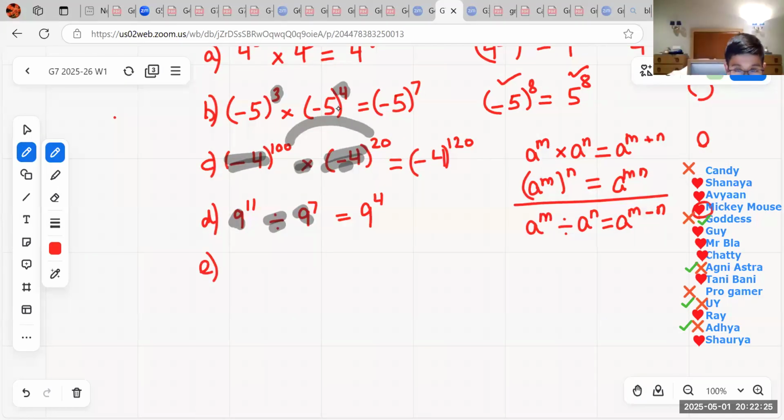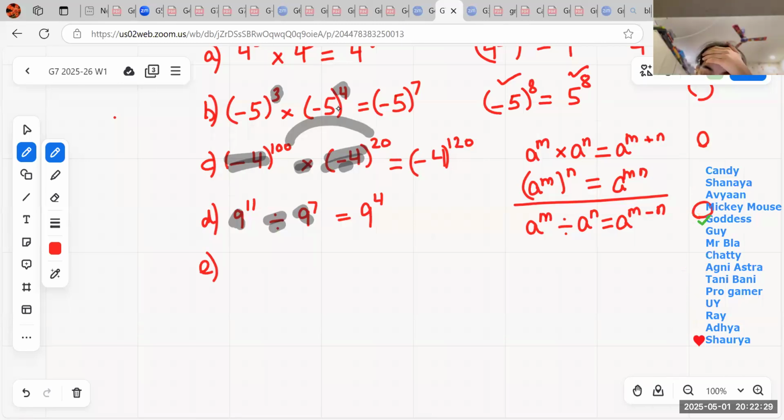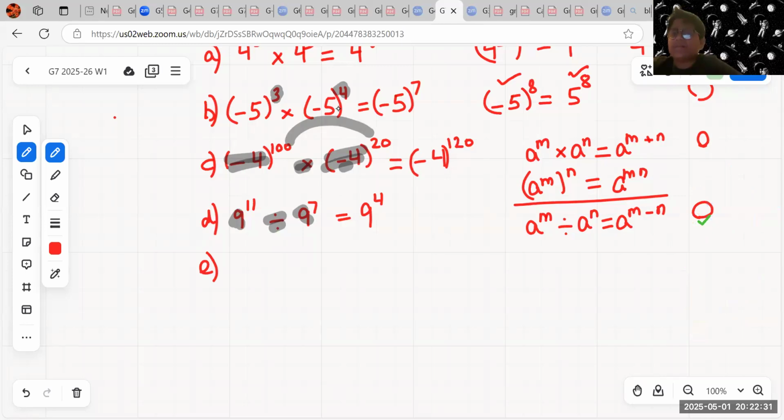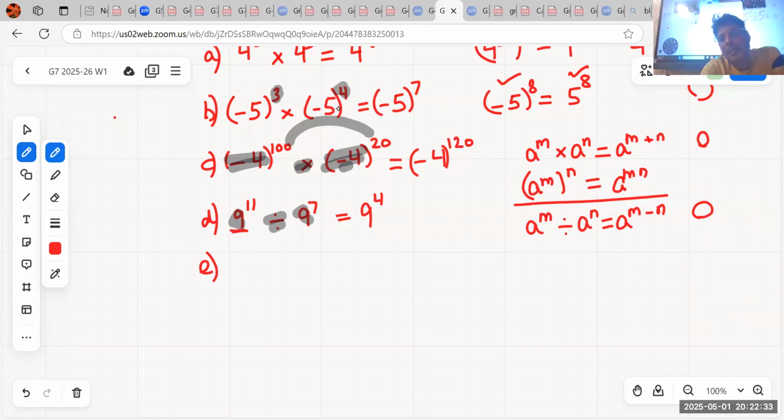Can we write it as 9 to the power 11 upon 9 to the power 7? Sir, but why wouldn't the base be 1? Because the base is 9. Why will it be 1?